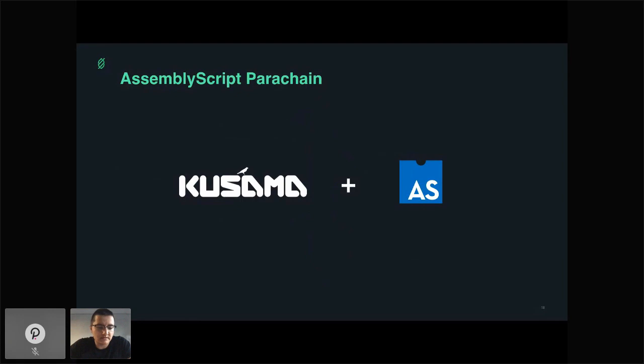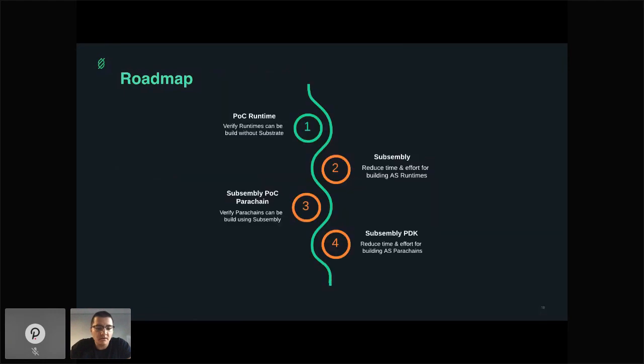And similar to the first step in which we developed the proof of concept runtime, we want to build a proof of concept AssemblyScript parachain, gather the required information, and proceed with the end goal of this whole endeavor, which would be to reduce the time and effort for building AssemblyScript parachains.